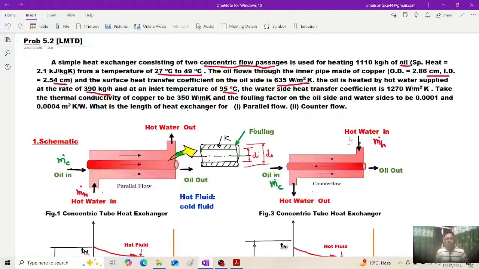So we have to represent oil flow through the inner tube, and any property of oil will be represented by suffix I, because oil is flowing through inner tube, and any property related to hot water, that is hot fluid, will be represented by suffix O, because it is flowing in the outside tube.